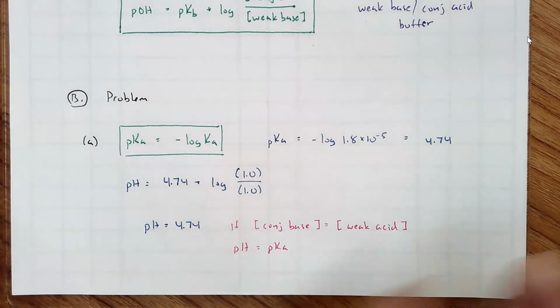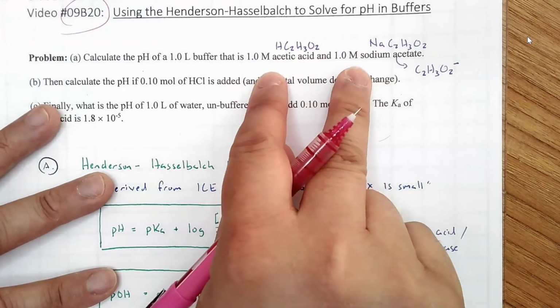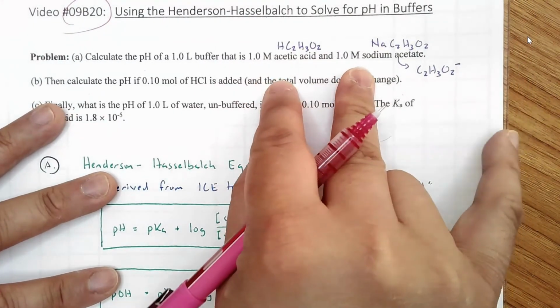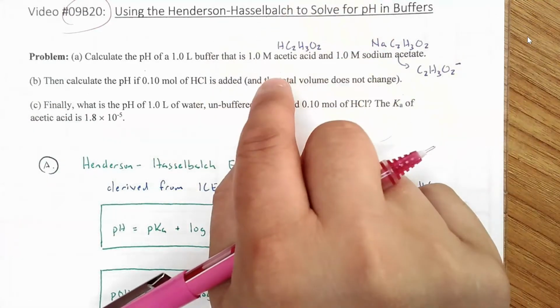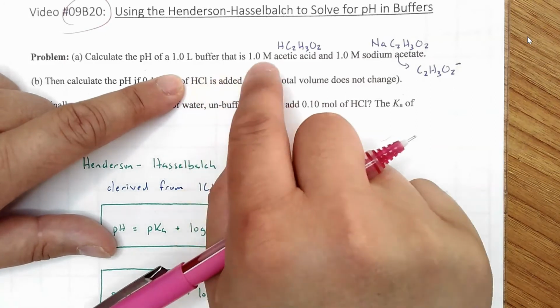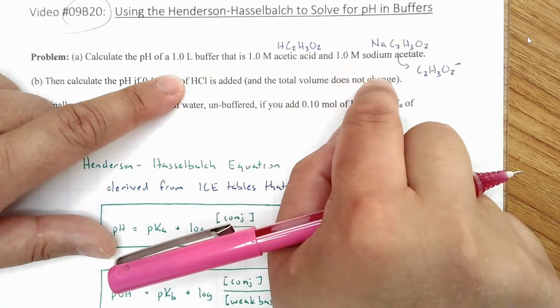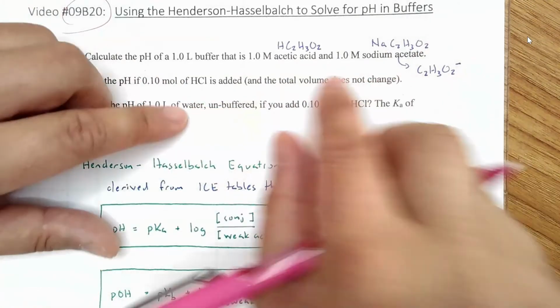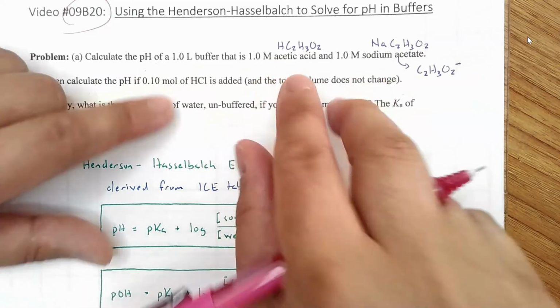What do you notice actually? The way this was made most likely is, how should I say this, they took 500 milliliters of a 2 molar acetic acid and 500 milliliters of a 2 molar sodium acetate, and then they combined them. The concentrations were cut in half because you doubled the volume when you combine them.